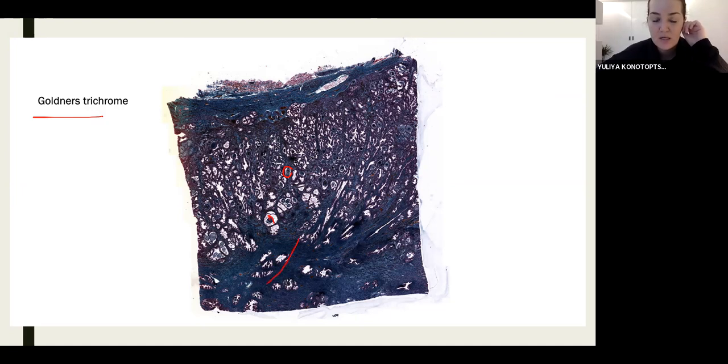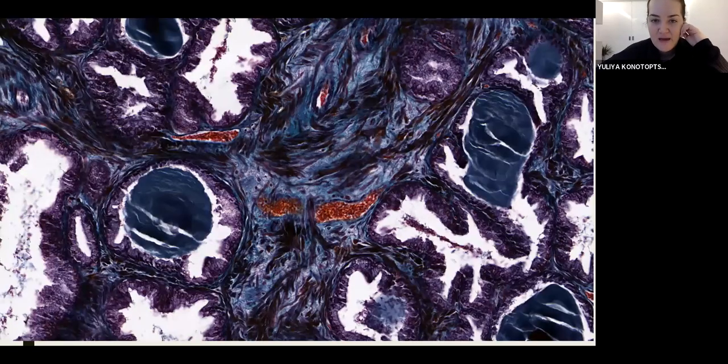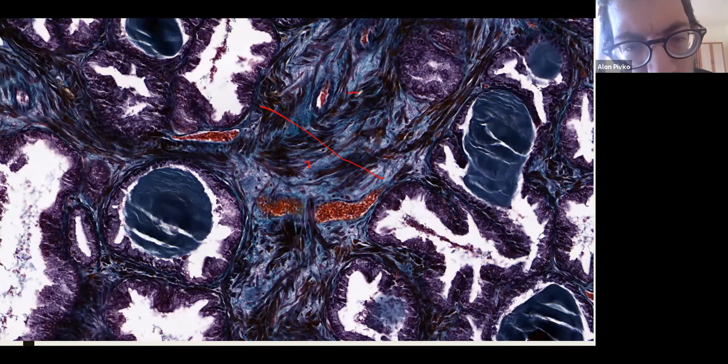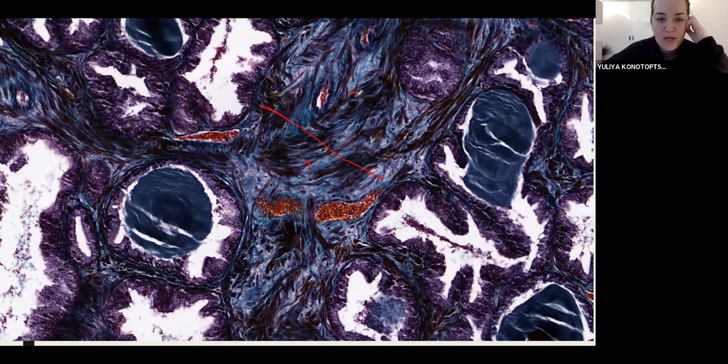Everything else is the fibromuscular stroma. And if you look at it, right, so this is the fibromuscular stroma, you will see that it has lots and lots of these red cells, dark red, almost brown cells. Which cells are these? Smooth muscle. Smooth muscle cells. So what is this staining trying to show you?